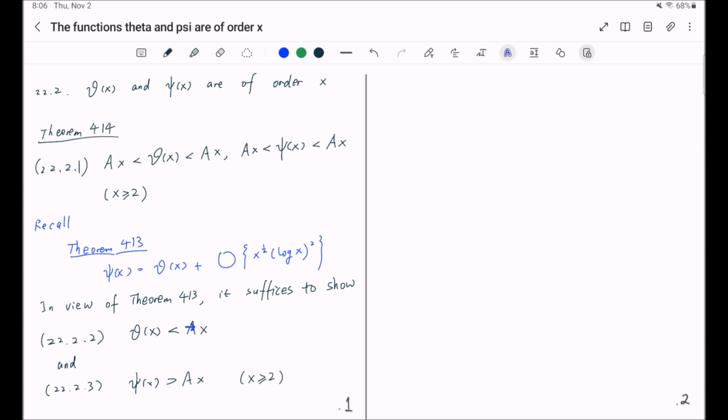Of course, those two a's are not the same, but unspecified constants. You can see immediately, once we establish these two relations, then because the difference between psi of x and theta of x is a term that grows slower than x as x goes to infinity, we will establish both of these relations.